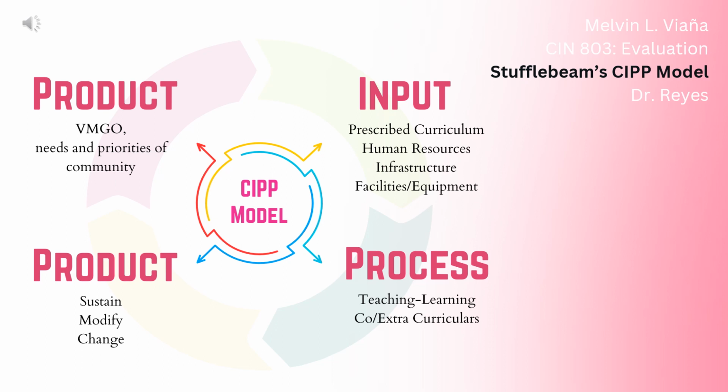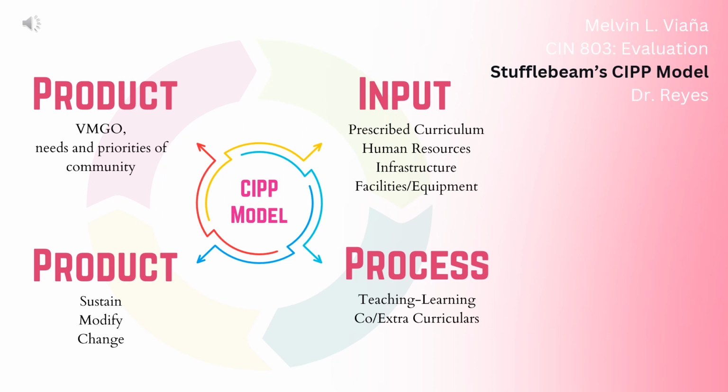To summarize thus, we learned that Stufflebeam's CIPP model of evaluation looks at context by evaluating the soundness of the program's VMGO, input by considering availability of the prescribed curriculum itself, of the teachers who will implement it, and the physical and non-physical infrastructure that will allow its effective implementation.